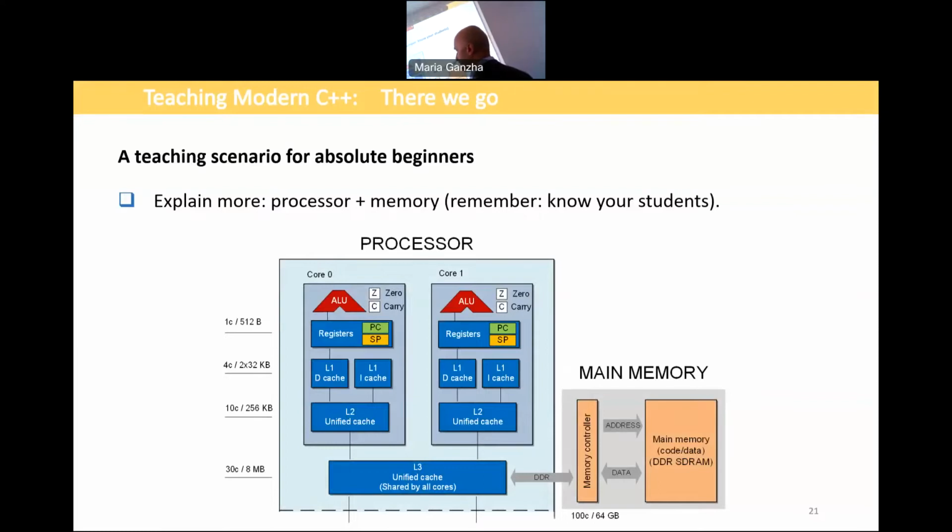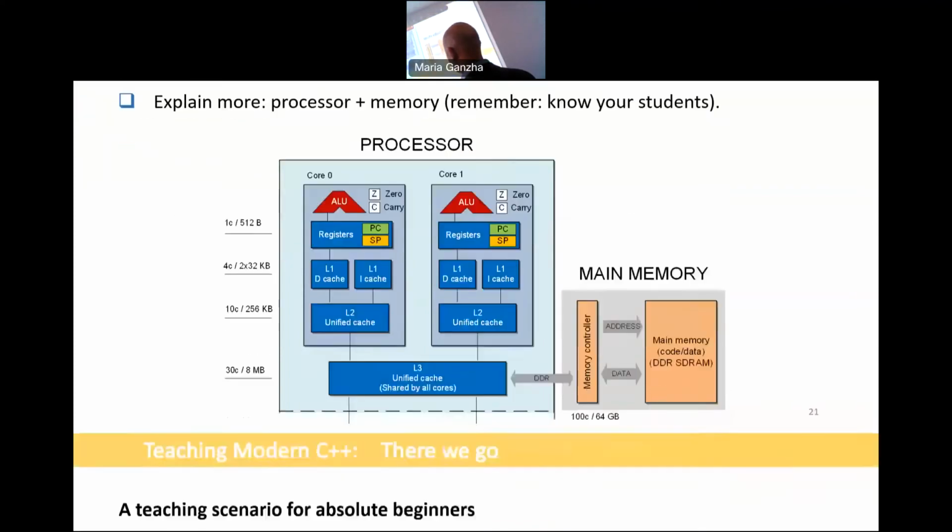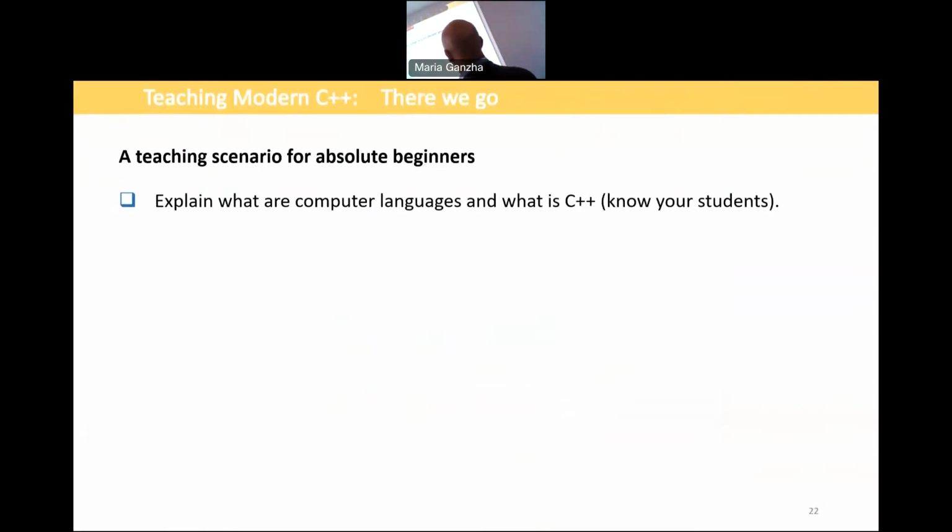They cannot directly address the cache, but depending on the data structure they use, the cache behaves differently. For example, operating with a vector compared to a list. So if we know this, we know what the ALU is in the processor. That's very good.